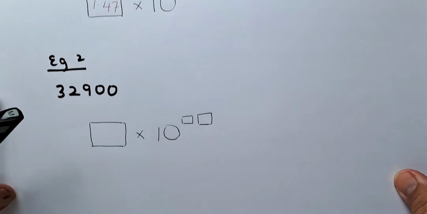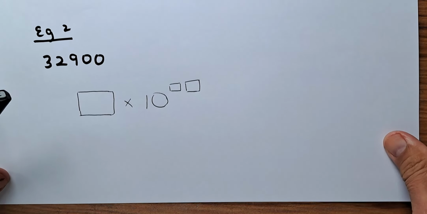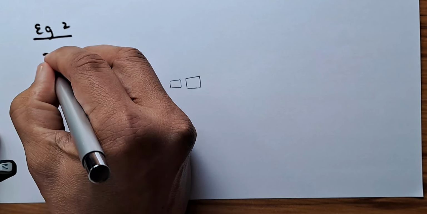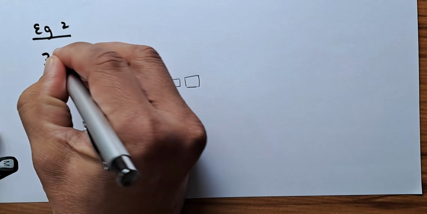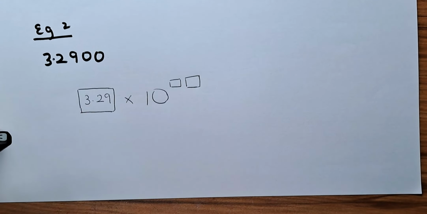The second example is 32,900. Again, we need to find a number that is between 1 and 10. So we have to move the decimal point from here to here, so the number is going to be 3.29. Is it less than 10? It is less than 10.